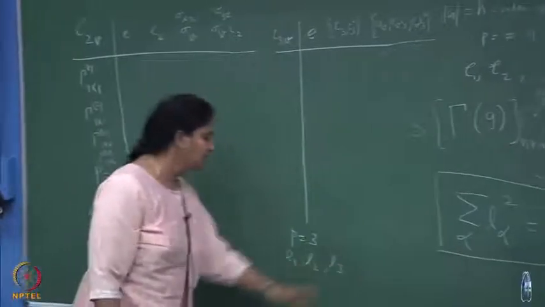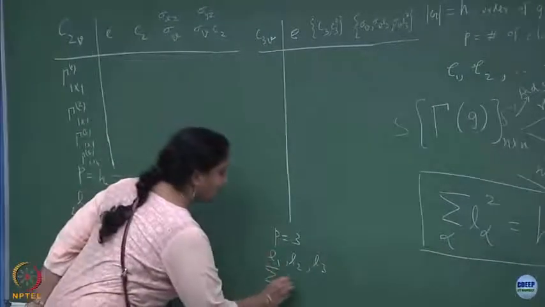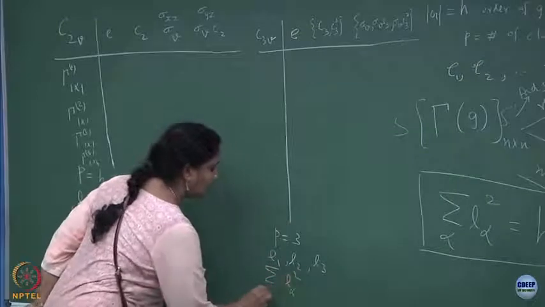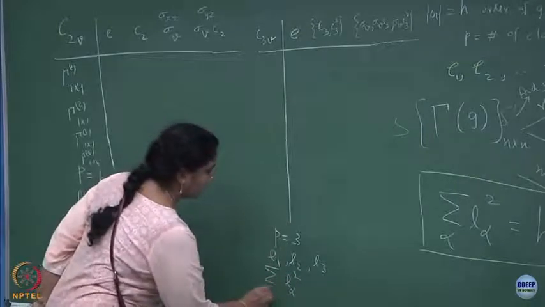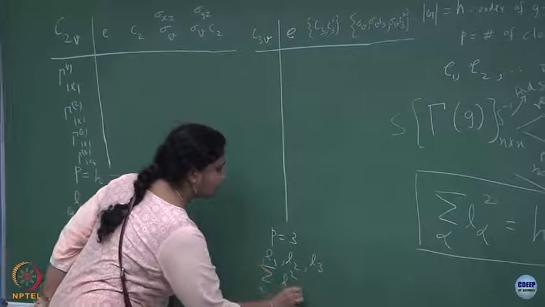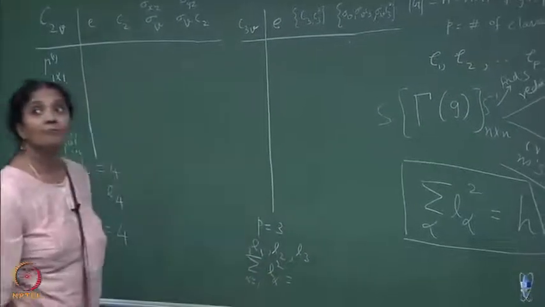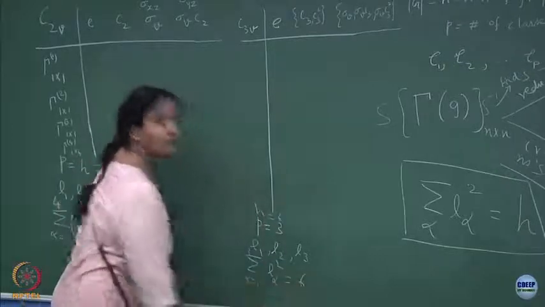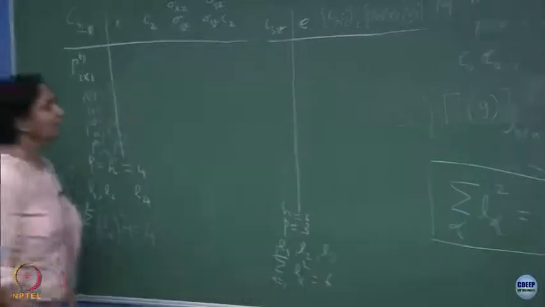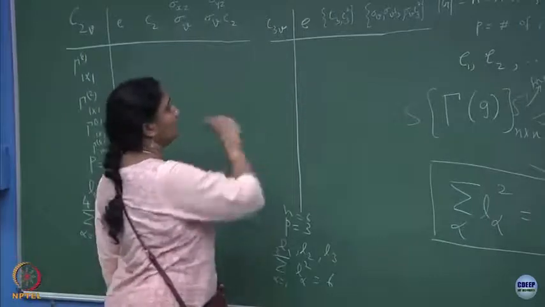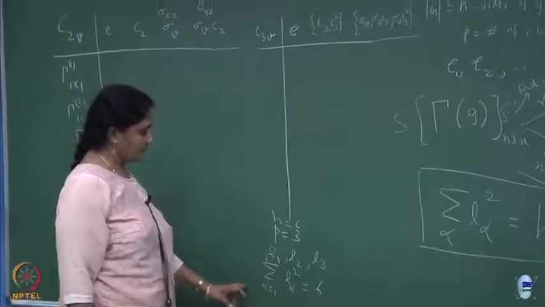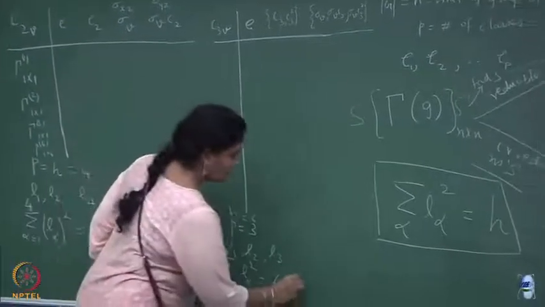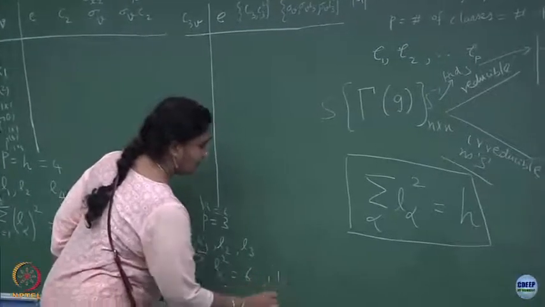What are the dimensions? The summation over L alpha squared from alpha equal to 1 to 3 should add up to give you the order of the group, which is 6. So, now tell me what are the representations possible here? 1, 1 and 2.